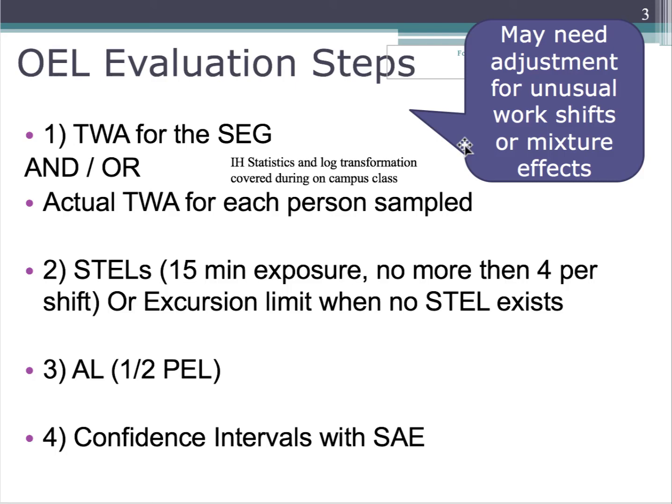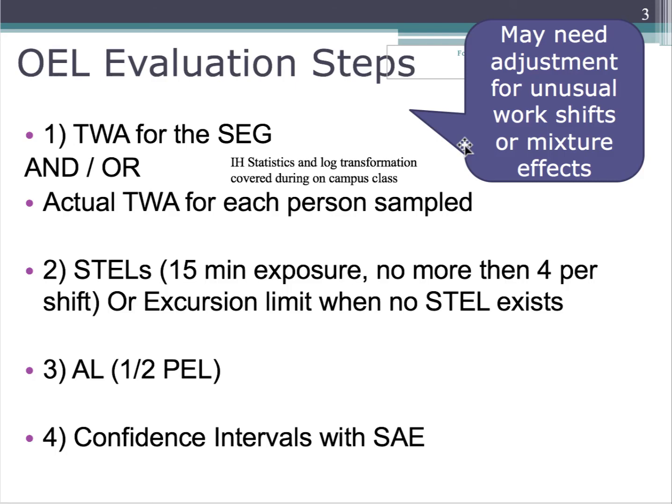In the on-campus lab that you'll attend in June, we'll talk more specifically about using a program called IH Stats, or IH Statistics, and log transforming your data. Most occupational exposure data is log normally distributed, and you need to transform it before you can calculate a time-weighted average or put confidence intervals onto it.